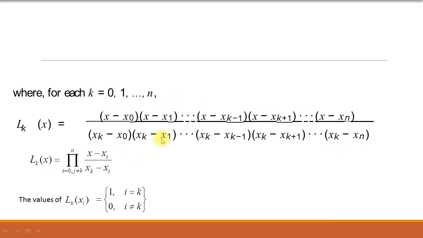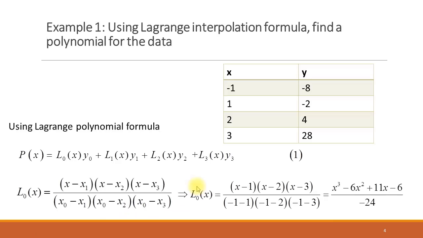The general form of this L function is Lk of x is equal to the product over i equal to 0, i not equal to k, up to n of x minus xi divided by xk minus xi. Now Lk of xi is equal to 1 for i equal to k, and Lk of xi is equal to 0 where i does not equal k.